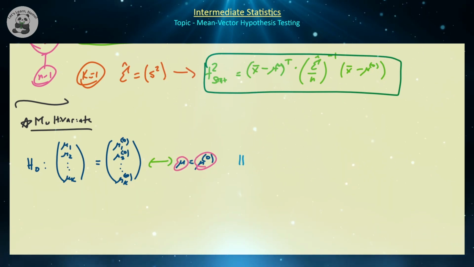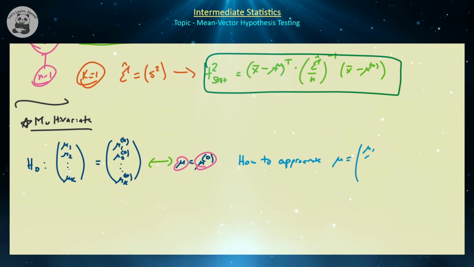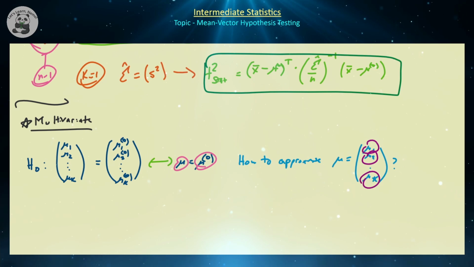So the first natural question that we need to ask is, how are we going to approximate a vector, mu, in particular mu1, mu2, down to mu k? Well, we already know point estimates for the individual components because we know that the expected value of x bar j is actually equal to mu j.